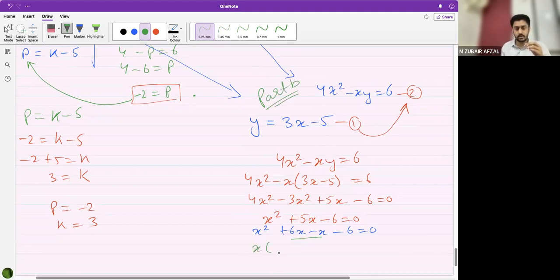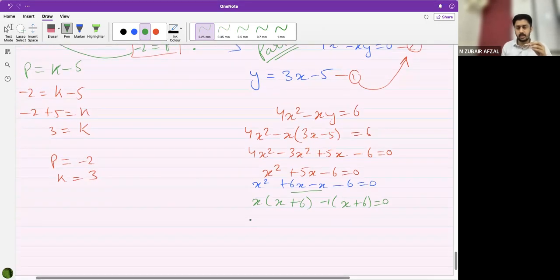Taking x as common, this is x plus 6; taking minus 1 as common, x plus 6 is equal to 0. So x minus 1 times x plus 6 equals 0. X is equal to 1 and x is equal to -6.